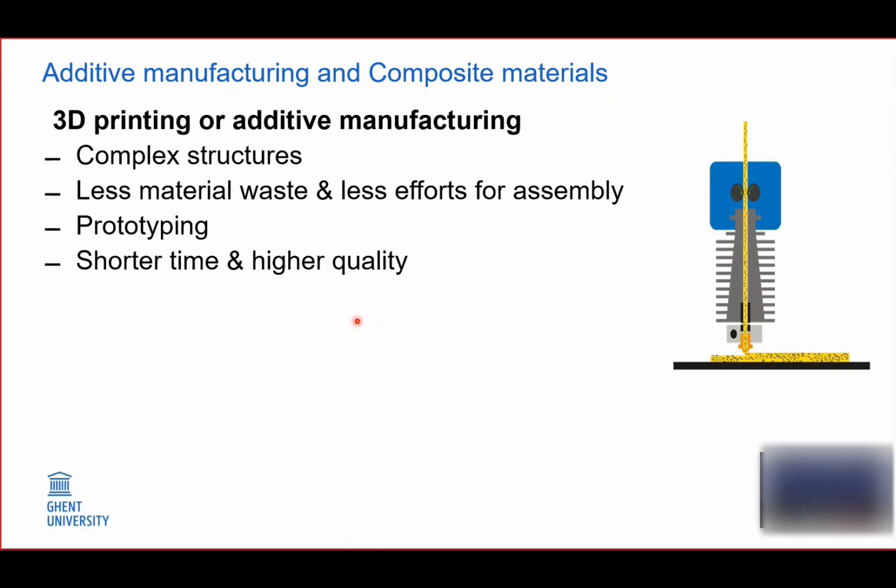In that manner, we of course decrease the production rate, but we can make a very complex shape. We can use less material, so less waste. We can ensure high quality of a complex structure, which simply cannot be produced by injection molding, for example. And in that way, we spend less time and effort for the assembly of the complex material.